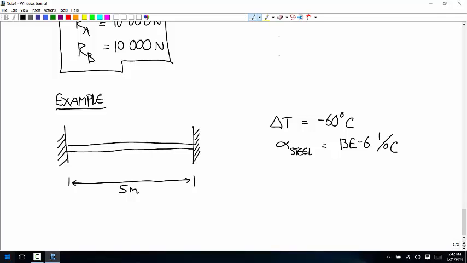And E is equal to 200 times 10 to the 9 pascals. And let's say that the cross-sectional area again is 0.01 meters squared. What are the reaction loads?